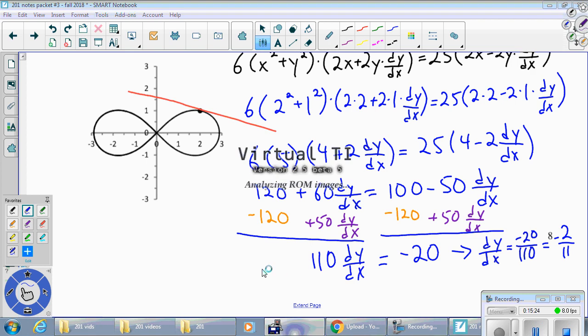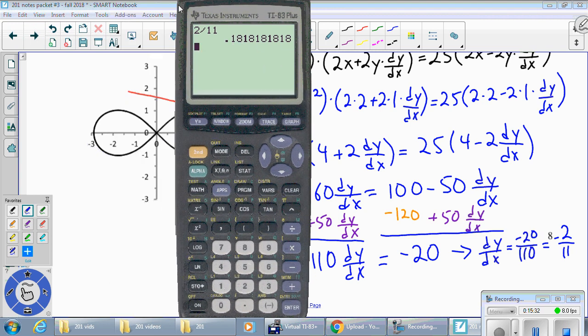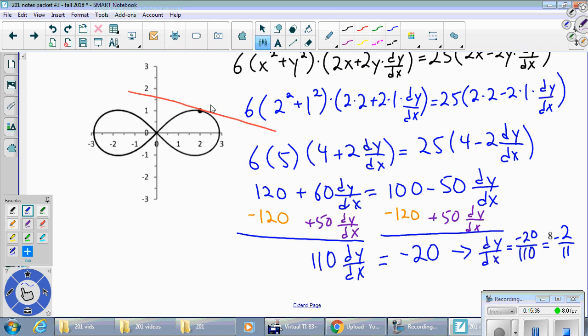Let's see if I'm wicked smart. 2 divided by 11. Hey now. All right, so 0.18 repeating is the negative, that number is the slope, which I had said we're going to get something slightly downhill, but not very steep at all. So that seems reasonable, and now we just have to do our mx plus b hunting.